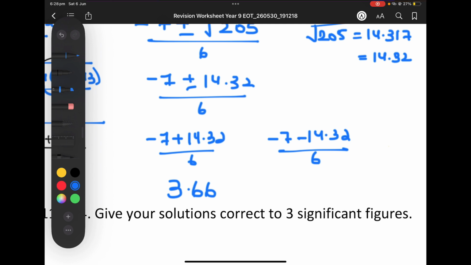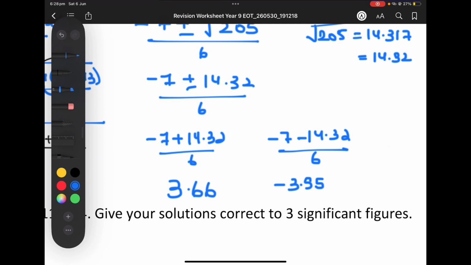Then minus 7 minus 14.32, whatever the answer I get, that again divides by 6 and it goes as minus 3.55. This answer I messed up here.